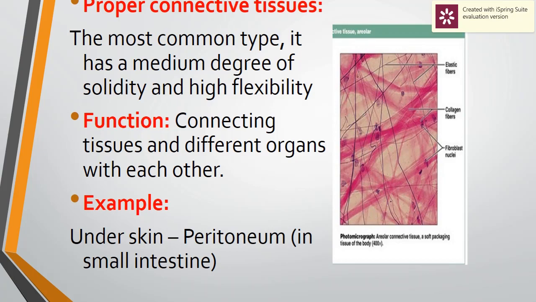They are found in the tissues between the organs, connecting tissues and different organs with each other, like under the skin epidermis and in the mesentery and the peritoneum of the small intestine. When we are connecting different organs or tissues, we connect them with connective tissue proper. It is loose tissue, fairly solid and quite elastic because its intercellular substance is semi-solid.